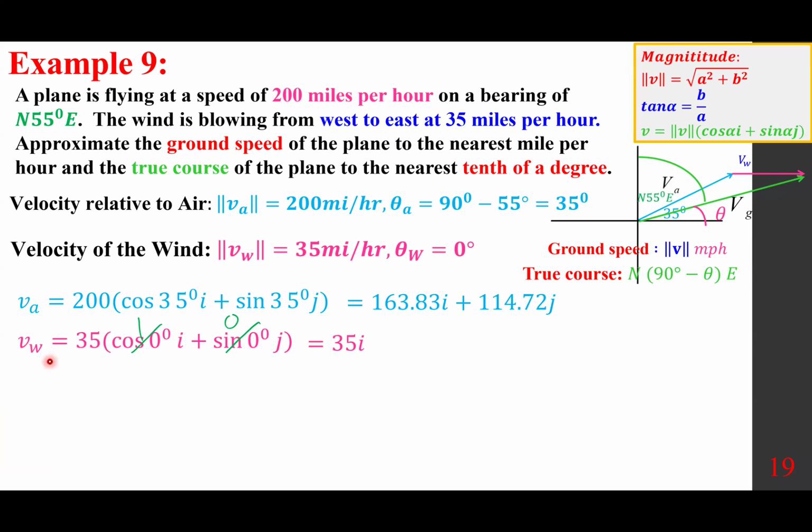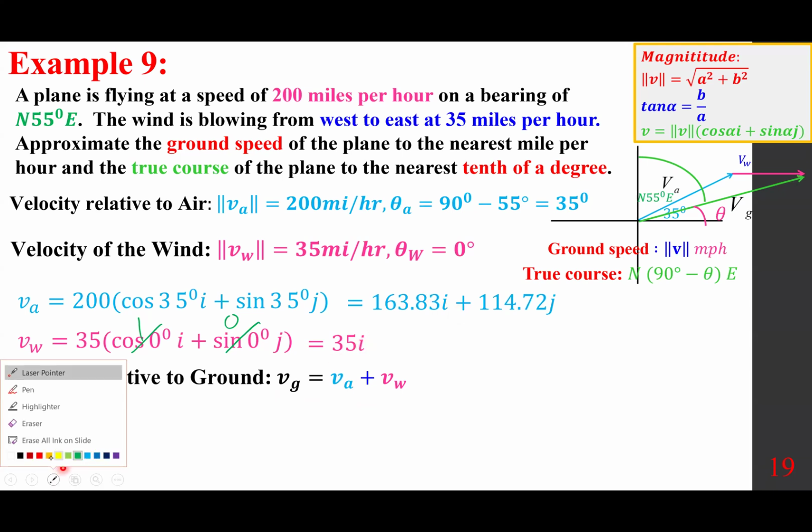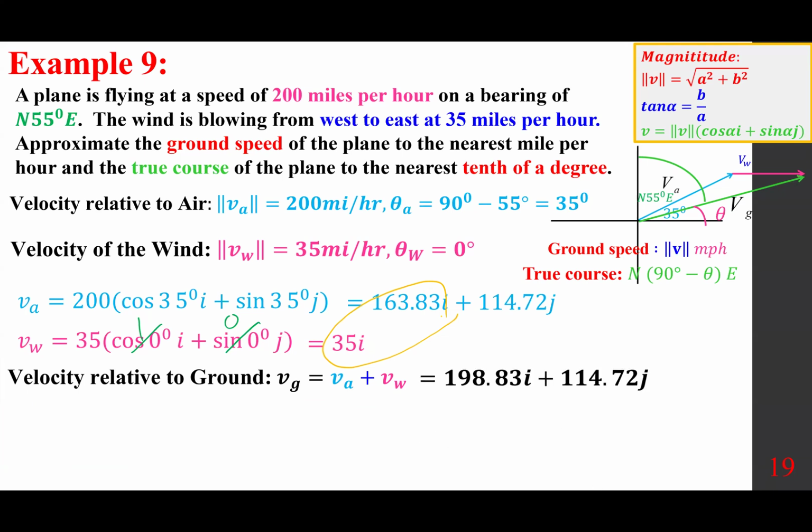The velocity relative to the ground, V sub g, is the sum of these two. If I add these two I components, they add up to 198.83i, and the j component doesn't change.